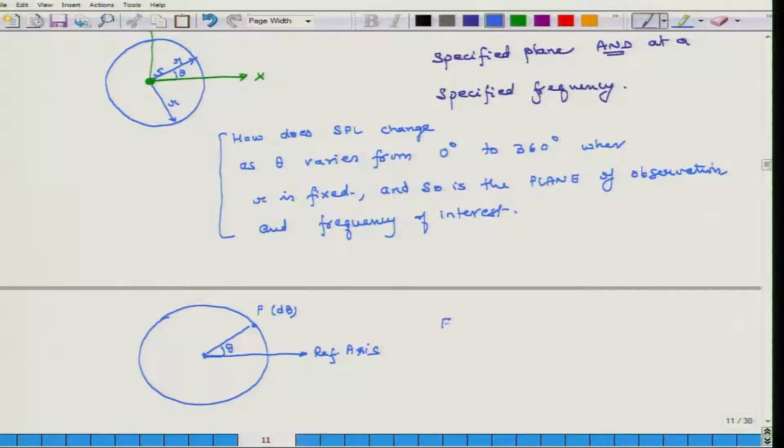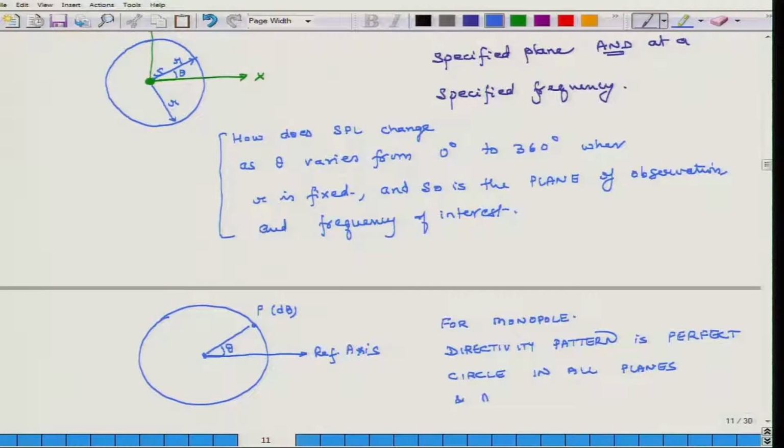So, for a monopole, the directivity pattern is a perfect circle, in all planes and at all frequencies.